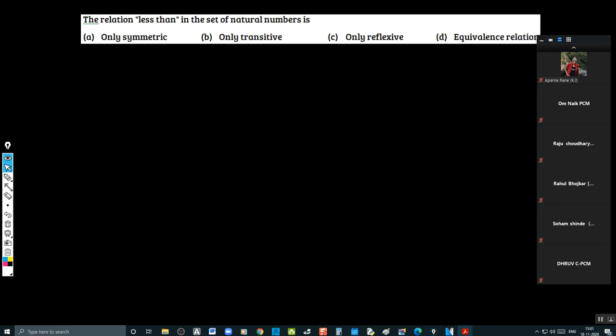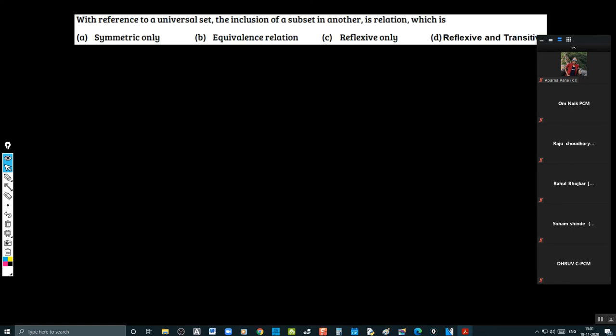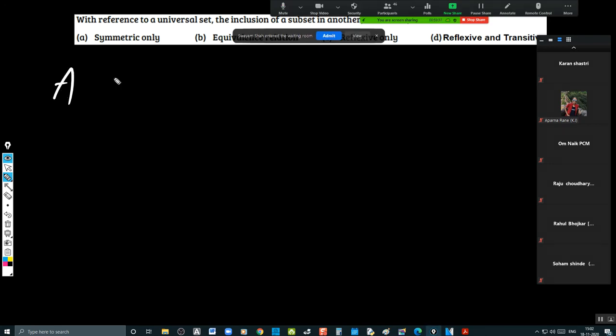This is done. With reference to universal set, the inclusion of a subset in another is a relation which is... For example, if you take a set A, is it a subset of A cross B or not?